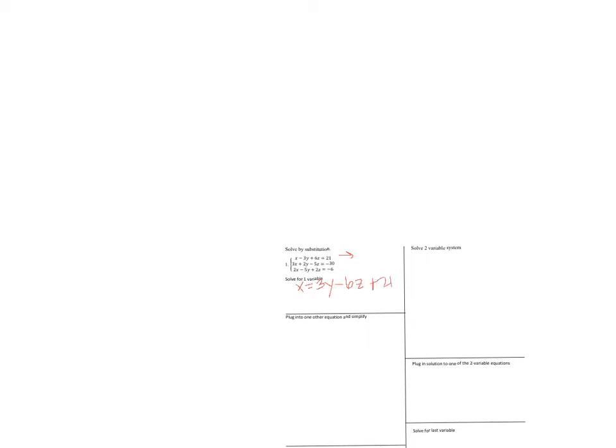So all I did was add 3y to both sides, and subtract 6z from both sides. That's why I had plus 3y here and minus 6z, okay? So I just rearranged it so that the y came first. So x is equivalent to this right here, okay?